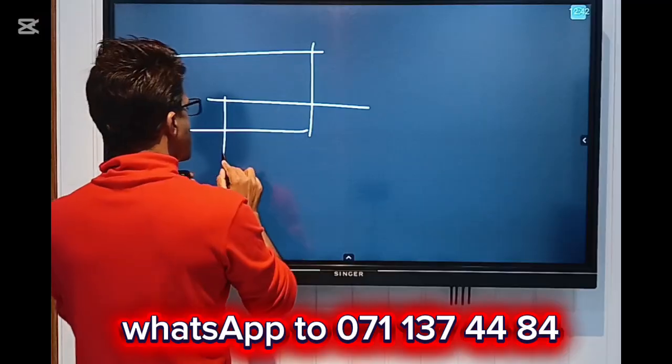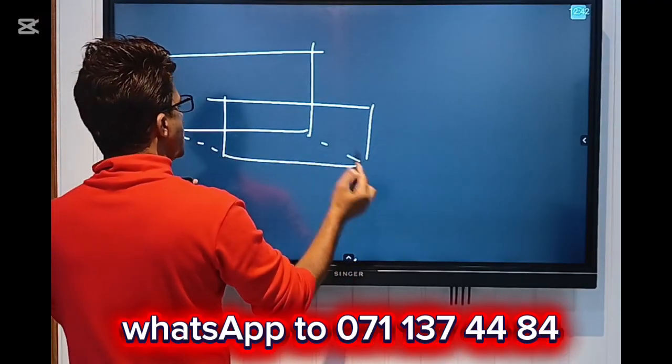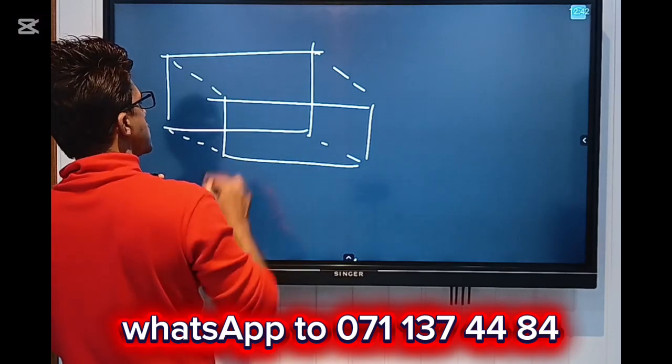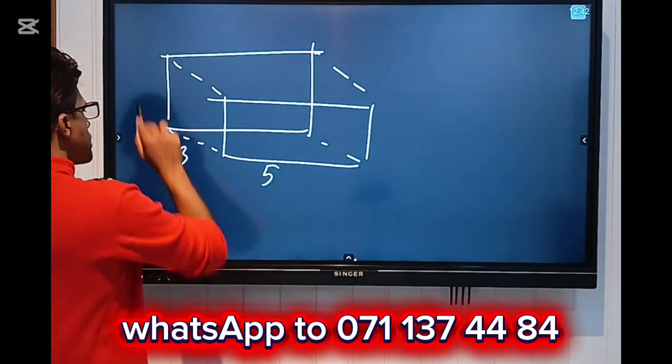When it comes to this one, this side and this side are equal, and the surface and the surface are equal. So just think that this is 5, this is 3, this is 4.